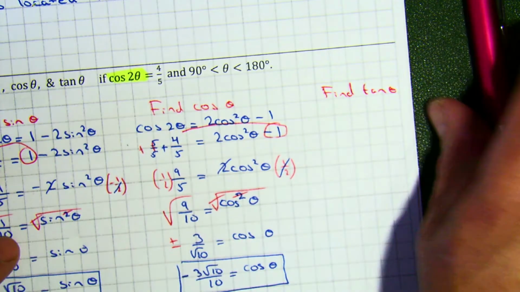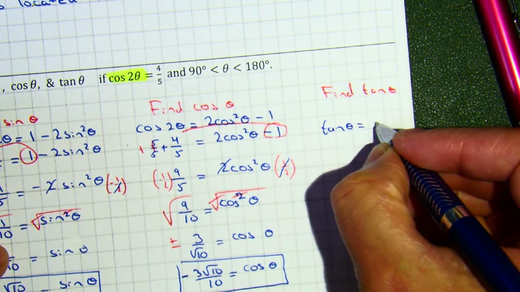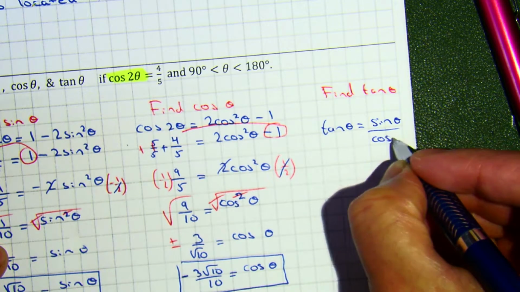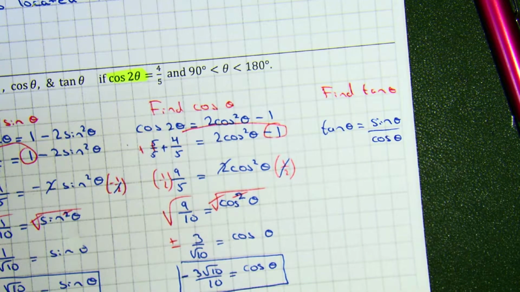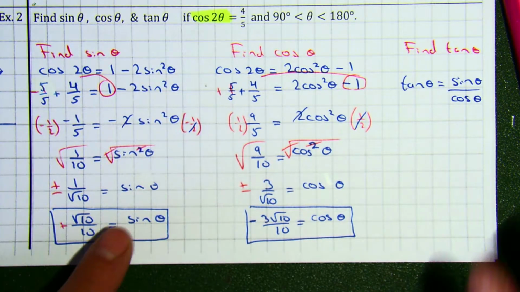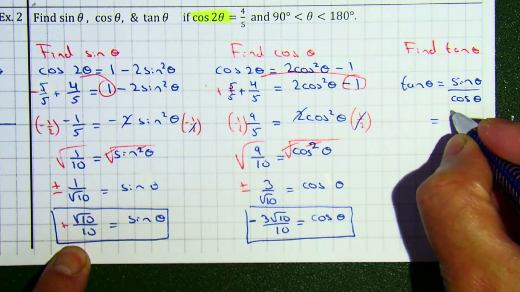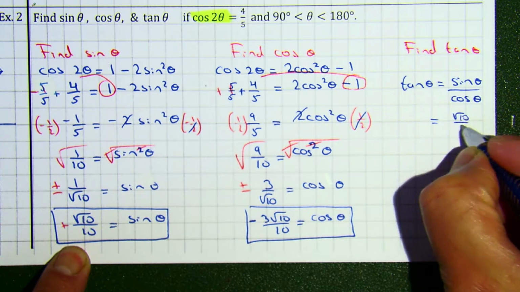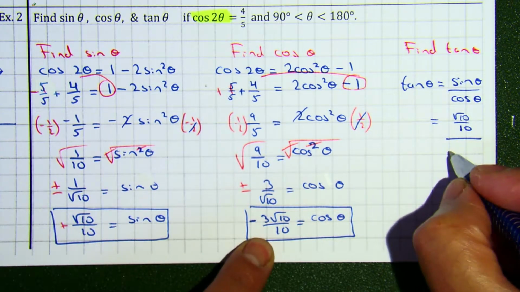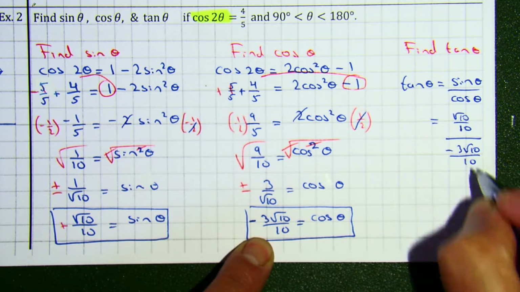But we know the tangent of theta equals sine of theta over cosine of theta. And we already know that the sine of theta is the square root of 10 over 10, and the cosine of theta is negative 3 square root of 10 over 10.